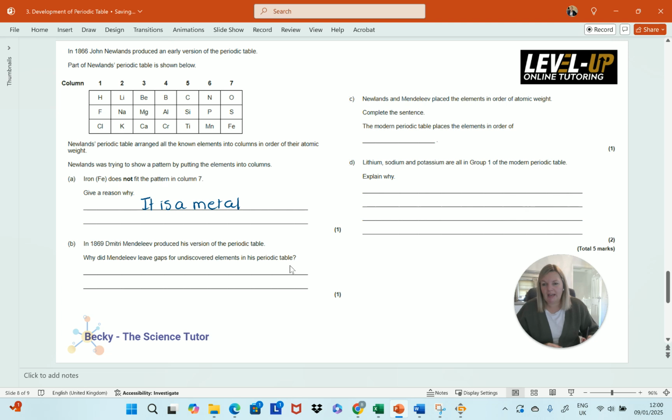Okay, in 1869, Dmitri Mendeleev produced his version of the periodic table. Why did he leave gaps for undiscovered elements? And that's so that elements with similar properties could be placed together. So remember, he went off mass and their properties.